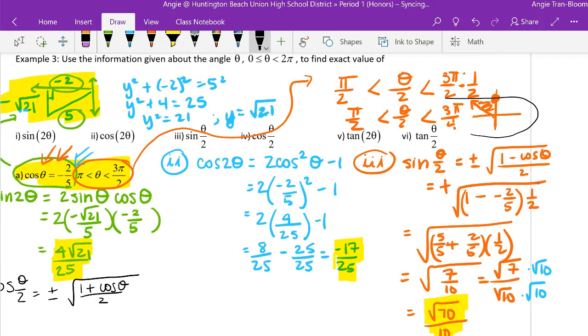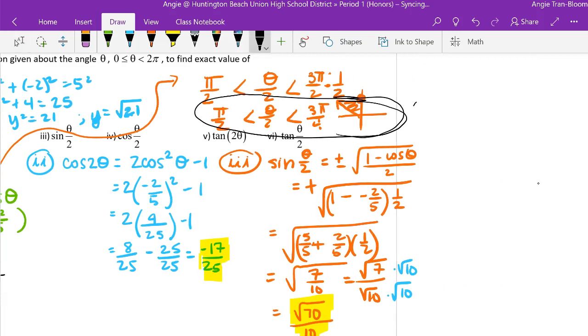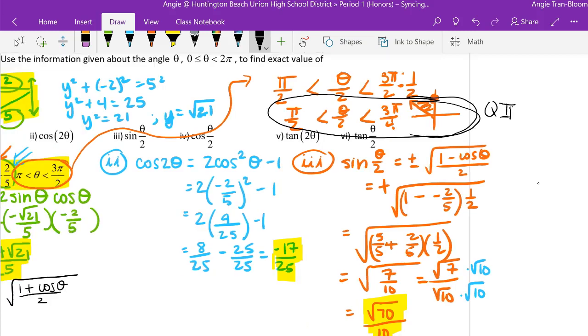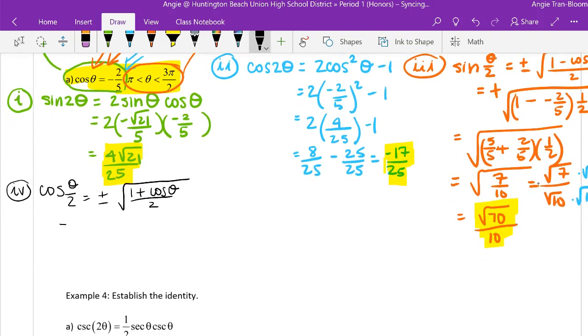Now we have to decide whether we pick negative or positive. Earlier we mentioned that the half angle of theta is in quadrant number 2. The original theta was in quad 3, but half of it is now in quad 2. In quad 2, cosine is definitely negative, so I have to carry the negative sign in front all the way through. So I write 1 plus negative 2 over 5, because that's what we have right here.